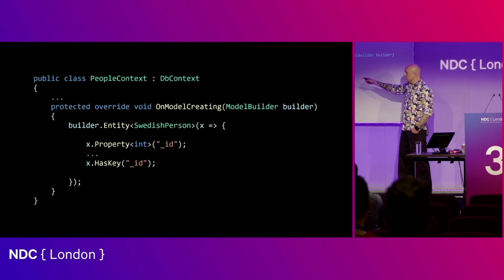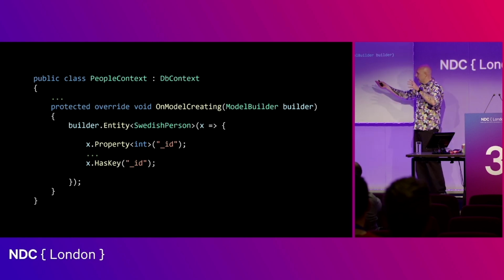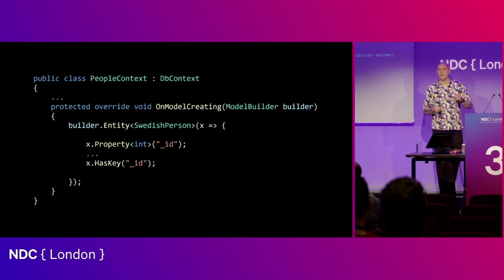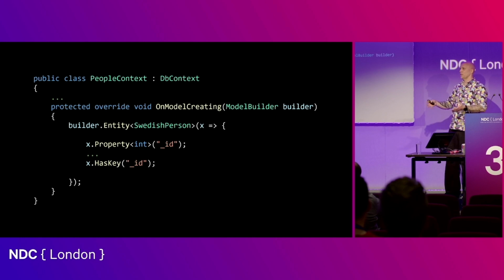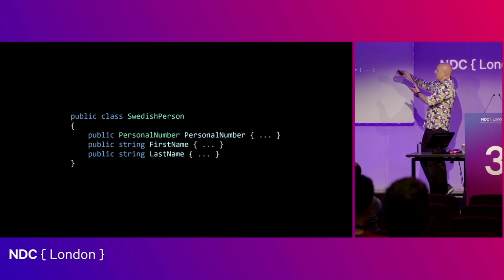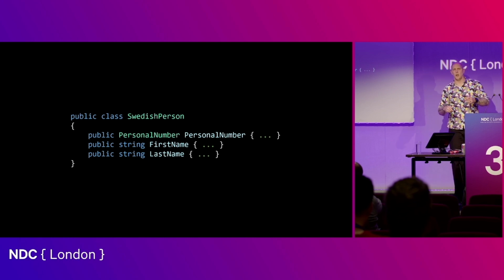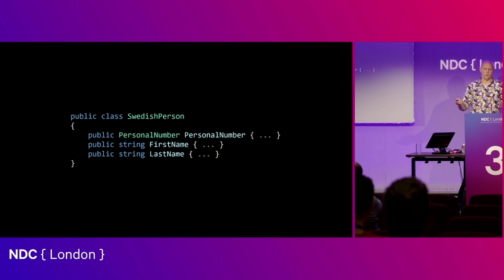If there's nothing in the class that has the variable name or element name underscore ID, it will become a shadow property that is managed by Entity Framework. And Entity Framework will do that without a problem. So we can do that with Entity Framework, which then means that no developer can go and say, oh, I'm going to use the ID, because the ID should never be used.